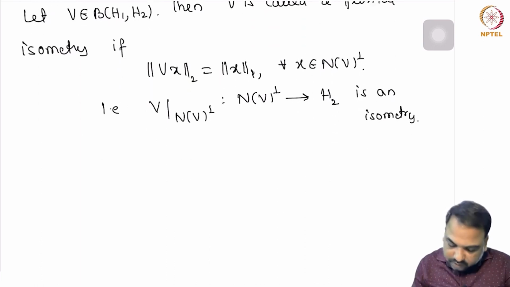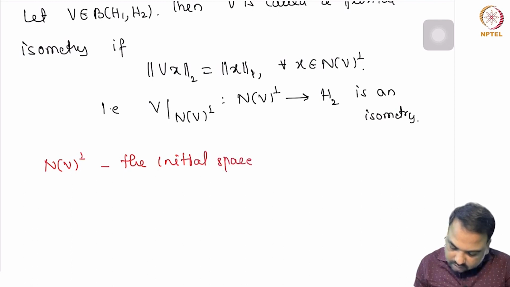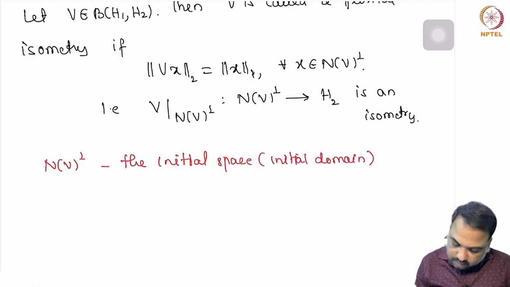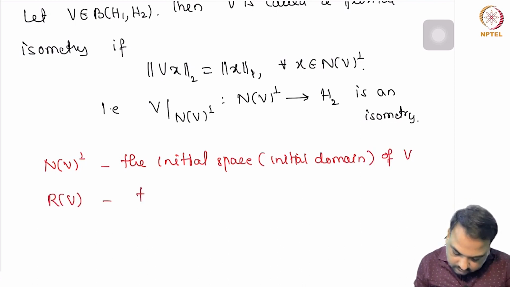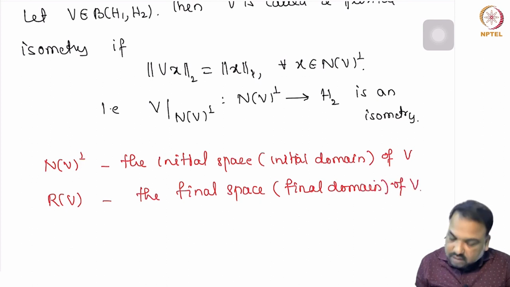In this case, null space of V perp is called the initial domain or initial space of V, and the range of the operator is called the final space or final domain of V.